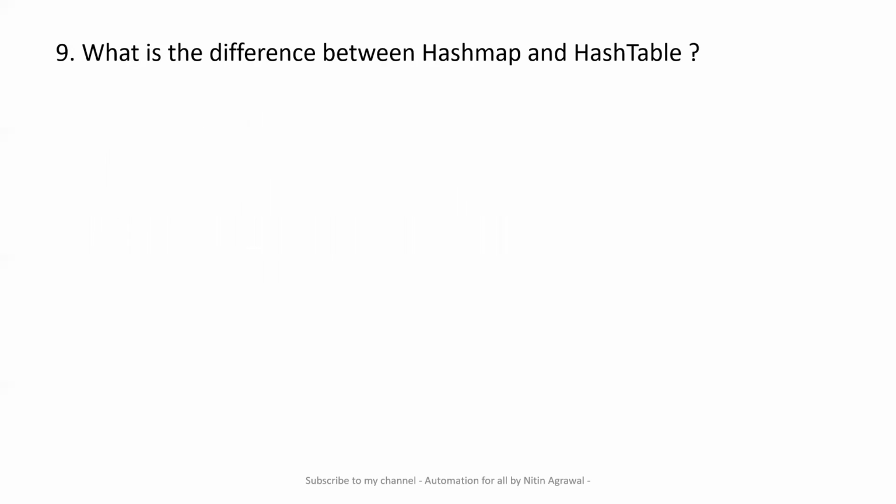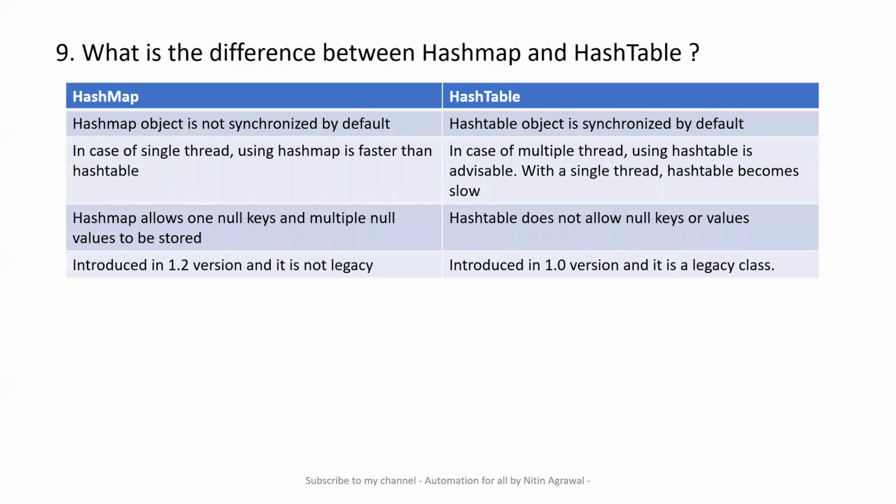Now next question is the star question. What is the difference between Hashmap and HashTable? Right? So basically both store data in the form of key and value pair, right? Whereas so if we talk about the differences, so Hashmap object is not synchronized by default, whereas HashTable objects are synchronized by default. In case of single thread, using Hashmap is faster than HashTable.